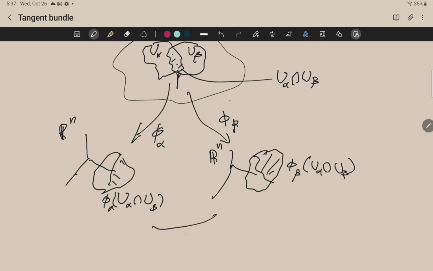Now you can have the transition map from left to right: you go phi alpha inverse first, and then compose that with phi beta. So left to right is a mapping of phi alpha of the intersection of U alpha and U beta onto phi beta of the intersection of U alpha and U beta.